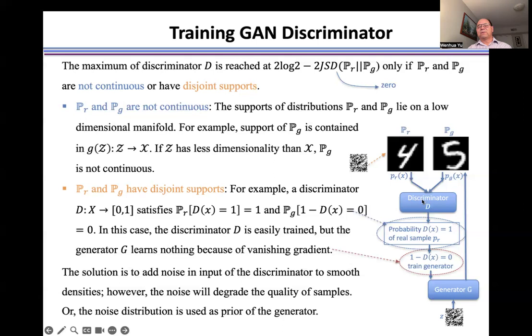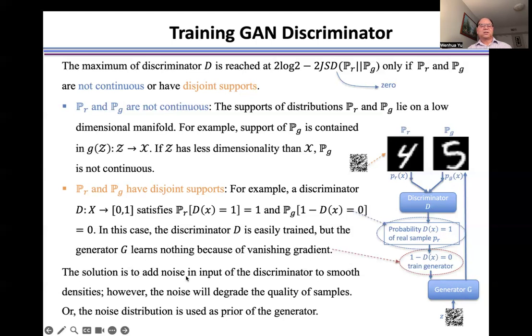For example, discriminator D can easily distinguish whether its input is sampled from a real distribution or from the model distribution. Because this probability D is 1, 1 minus D is 0, which means the loss function for the generator is 0, so we cannot use this loss function to train the generator to learn anything.